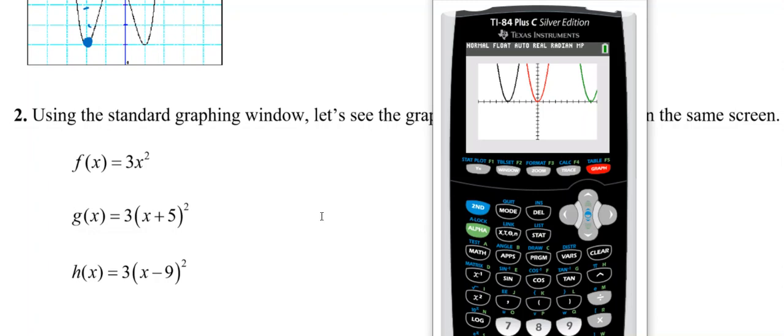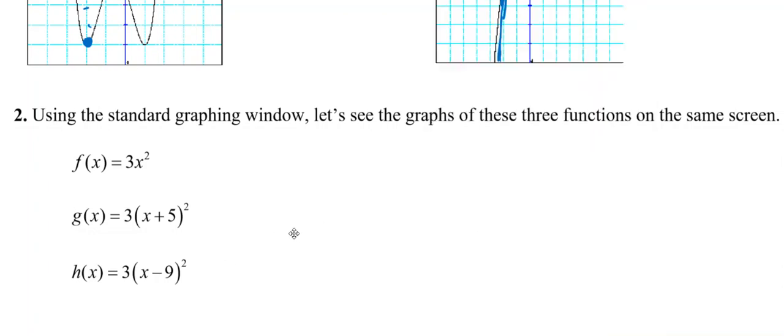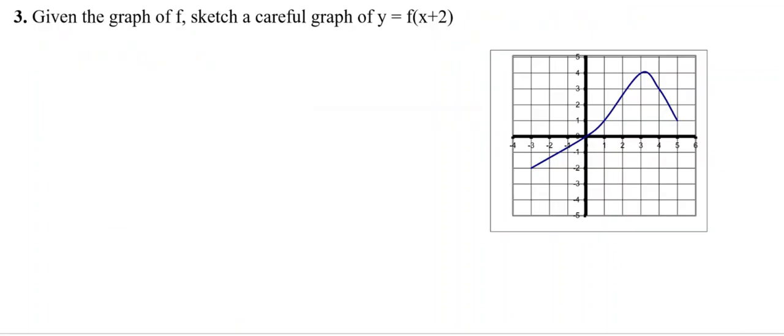So keep this in mind, and this should clarify that rule: if you have x plus c for the new input, then that shifts everything in your graph c units to the left. x minus c shifts everything c units to the right.